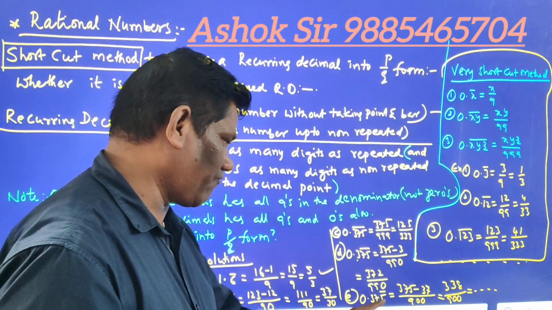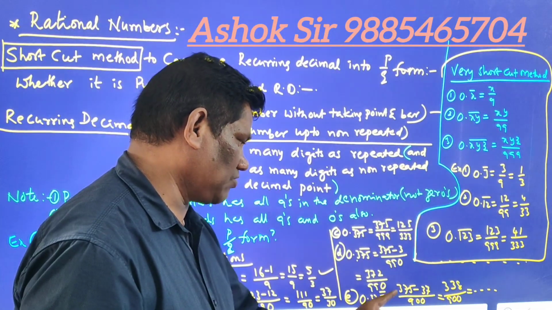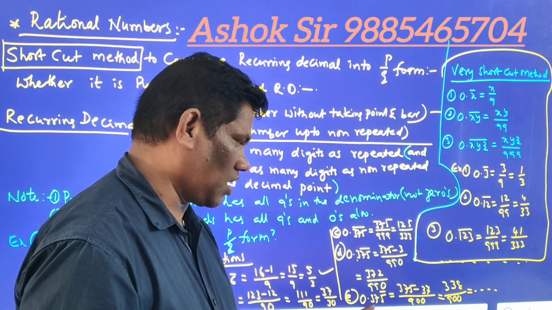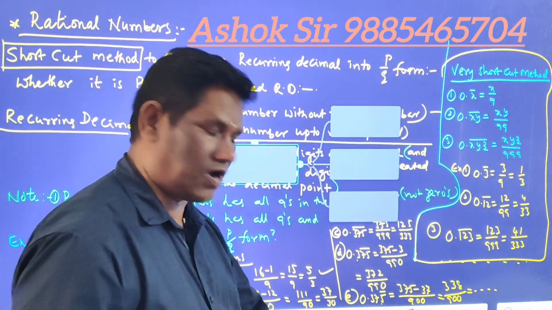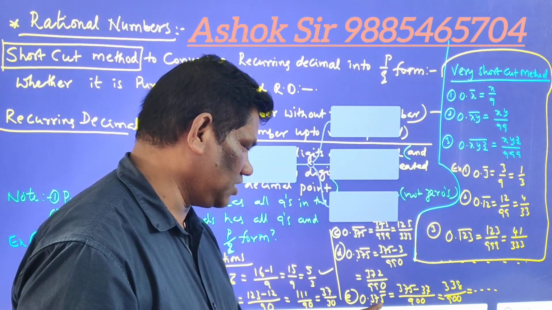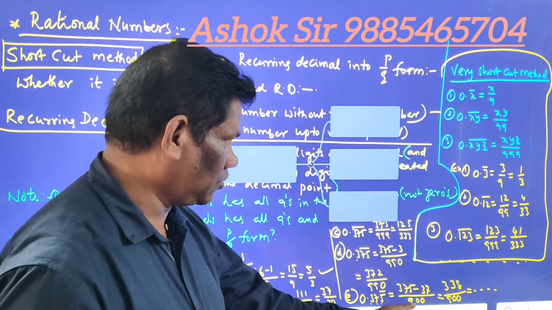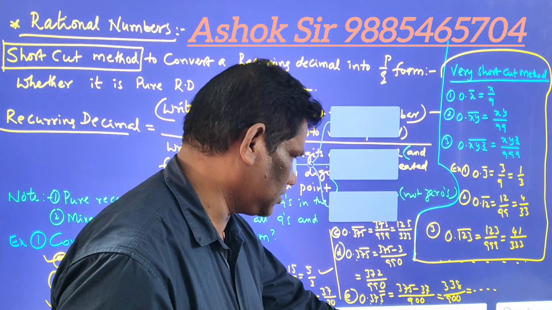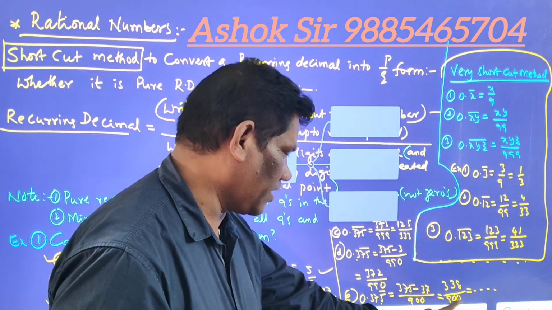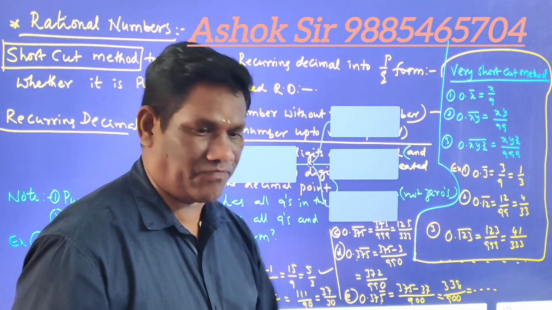Now 0.375 with only 5 barred: that is 375 minus 37, the non-repeating part, by only one 9, since one digit is repeating, and after the decimal point two digits are not repeating, so two zeros. Next you will get 338 by 900, and you can simplify.